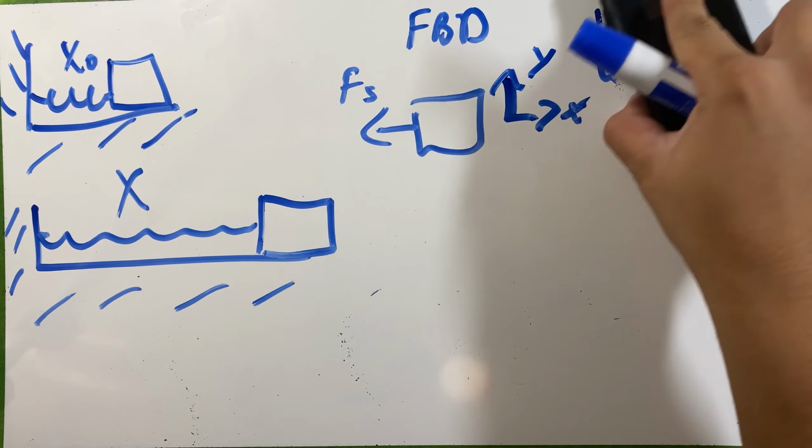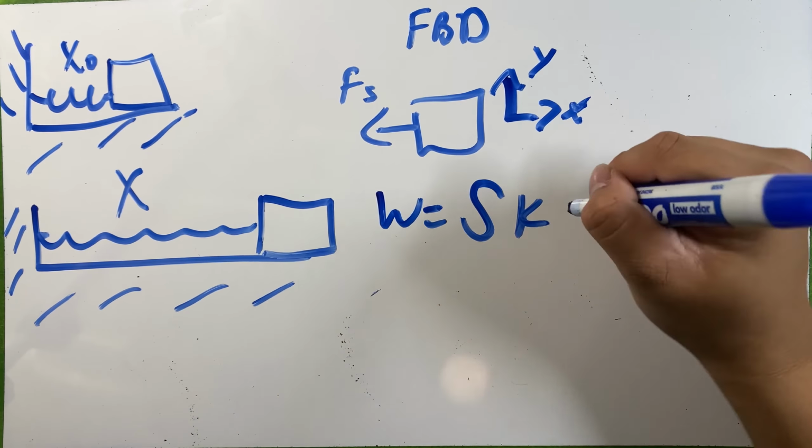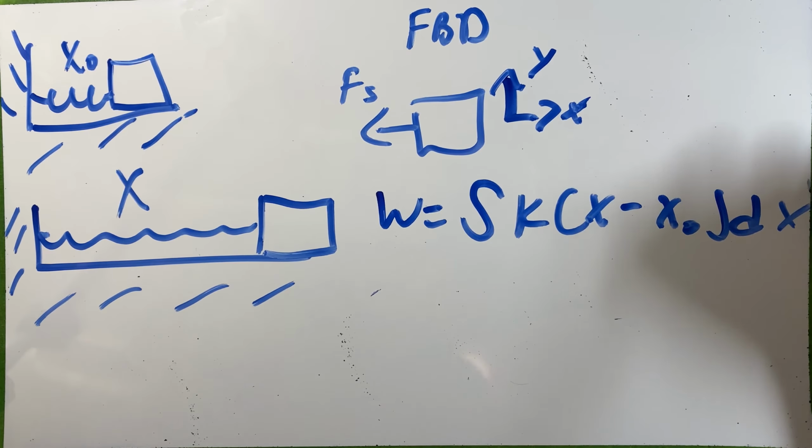So let's be diligent here and call this k(x minus x naught) dx. How do we integrate this?